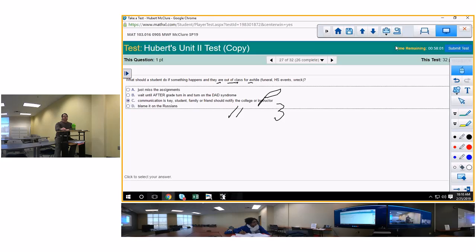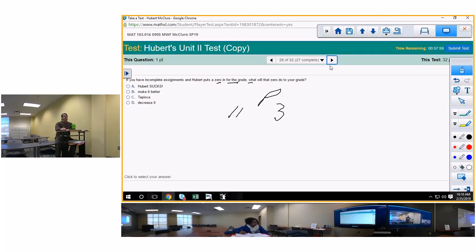Wait until after grade turn-in before you say something. If you have incomplete assignments and Hubert puts a 0, what will the 0 do to your grade? Oh, I didn't know 0 would decrease my grade. Only one that equals 100. If a student does not complete a homework assignment, what grade will be recorded? That's why I have 2 questions pertaining to that.